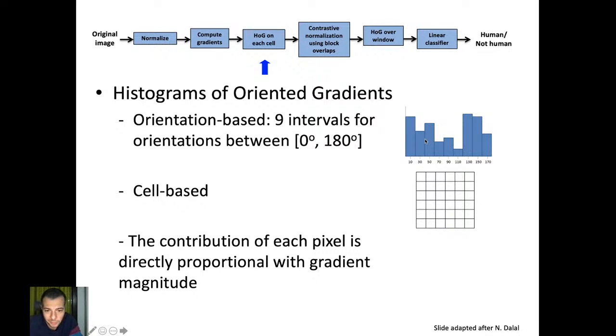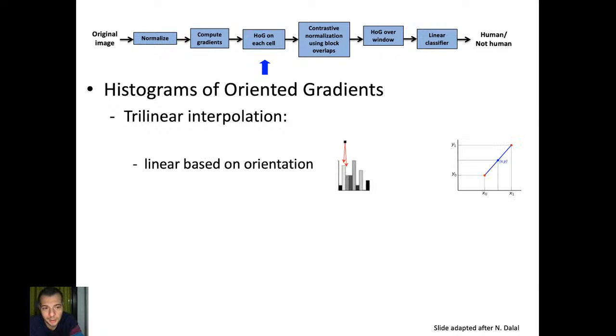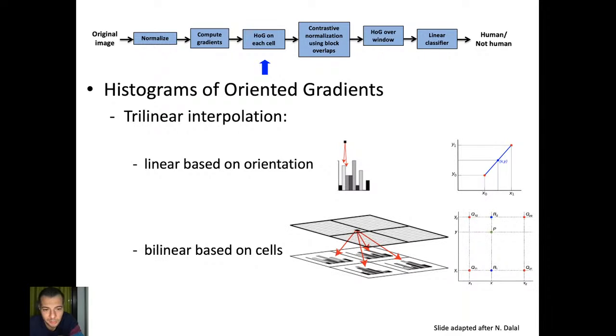So this is kind of a soft assignment, and this is not the only place where they do this. They actually use trilinear interpolation. So an orientation is not only contributing to its cell, but also to its neighboring cells.